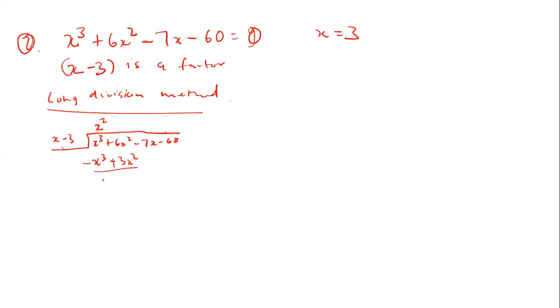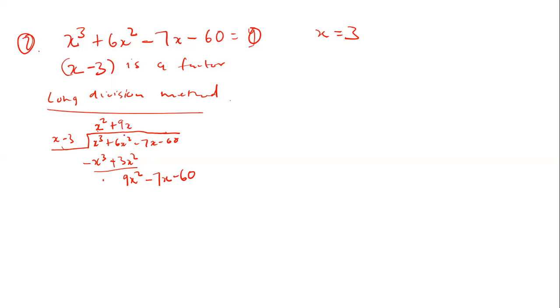Therefore, what is 6 plus 3? It's most definitely 9x squared. And therefore, I take the remaining terms, I move down with them, negative 7x minus 60. And then I repeat the same process that I started with. I'm going to say 9x squared divided by x is going to be positive 9x.